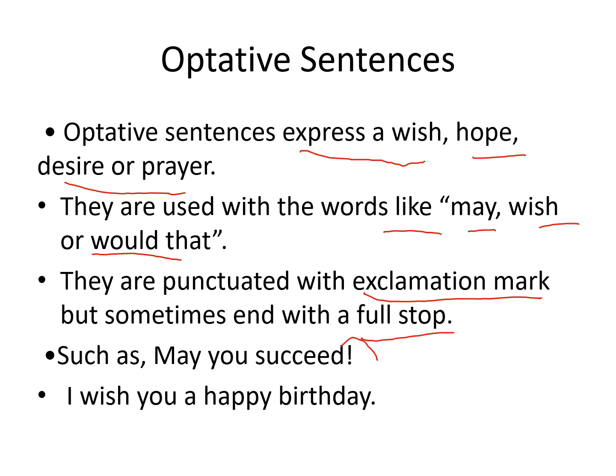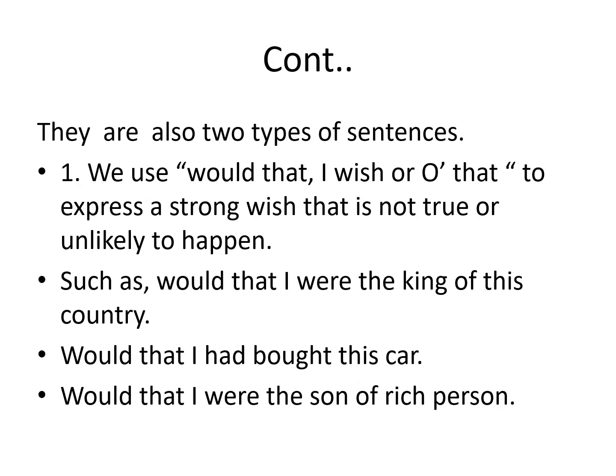Here you can see there is sign of exclamation, and second, I wish you a happy birthday, there is full stop at the end of the sentence. They are also used in two different ways. Number one, we use would that, I wish, or that to express a strong wish that is not true or unlikely to happen, that is impossible to happen, such as would that I were the king of this country.